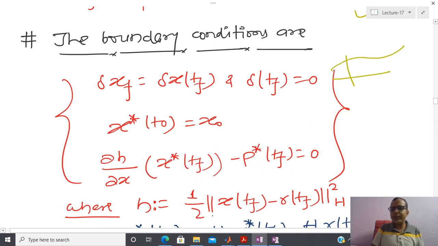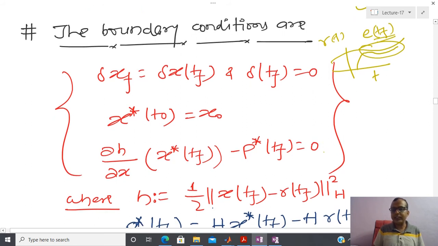So I have to maintain something very close to r(t), and due to that, the final quantity, or the final error e(tf), is not exactly known to me, and the variation with respect to e(tf) is not 0, and due to that this kind of boundary condition comes into the picture.